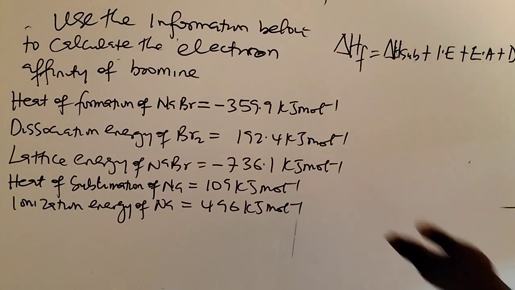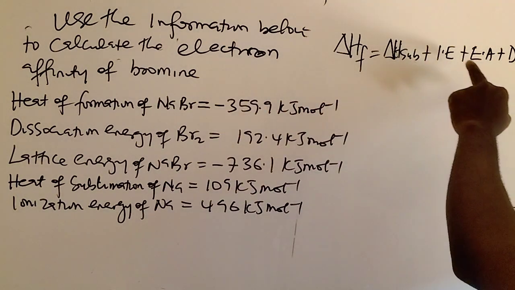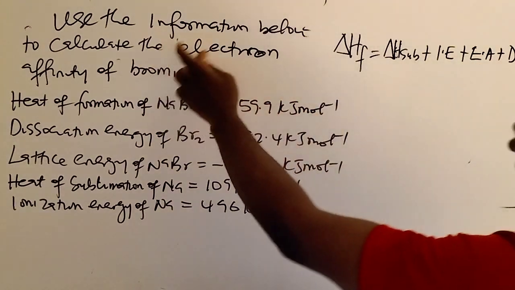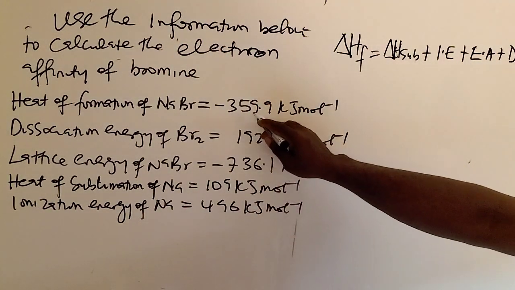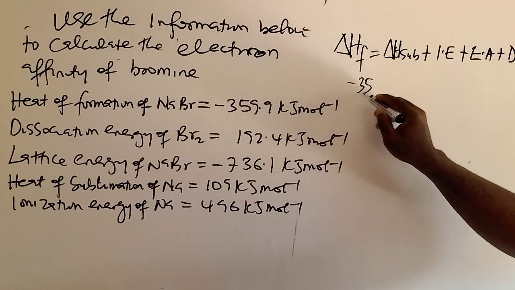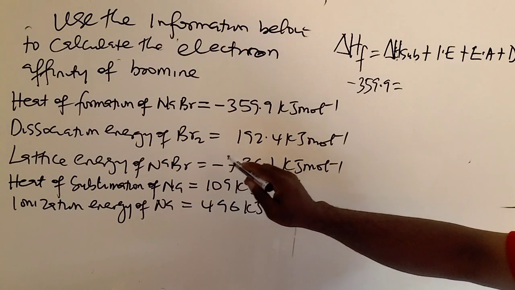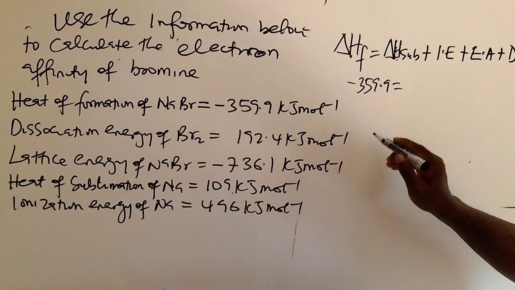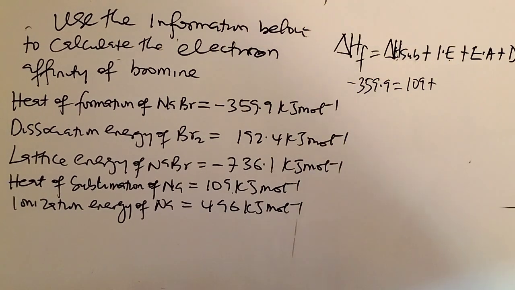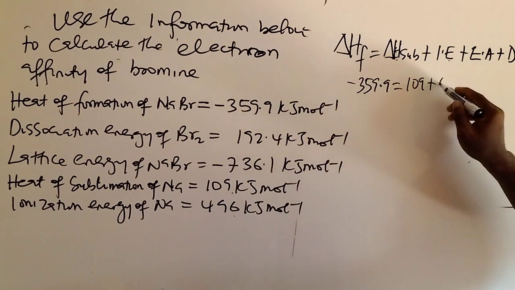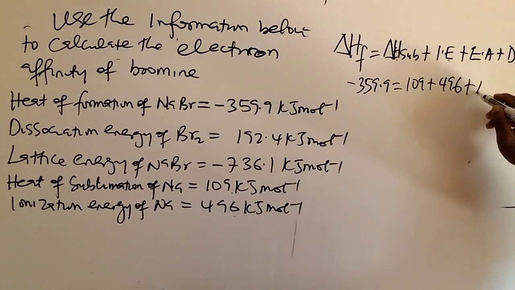Now, all the information is given to us except the electron affinity of bromine. So we now substitute. The heat of formation is minus 359.9. The heat of sublimation of sodium is given to us as 109. The ionization energy of sodium is 496. The electron affinity is what we're looking for, call it EA.